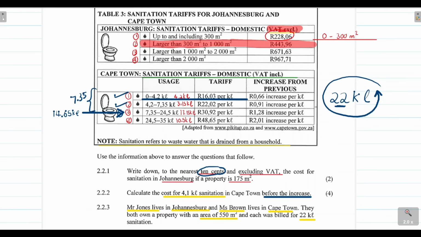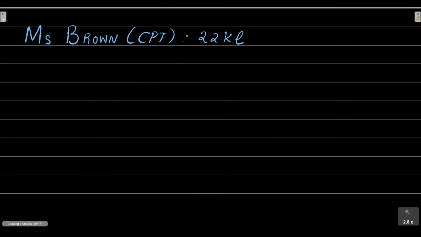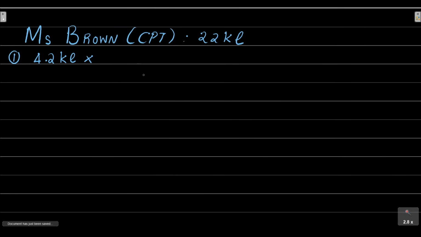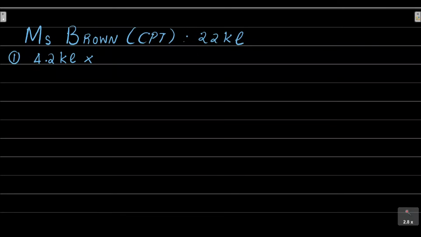We already know that in the first block, we just use 4.2 kiloliters. To get the tariff there, you need to multiply it by 16.03 rands per kiloliter, because you get charged 16 rand 03 cents for every kiloliter that you use.